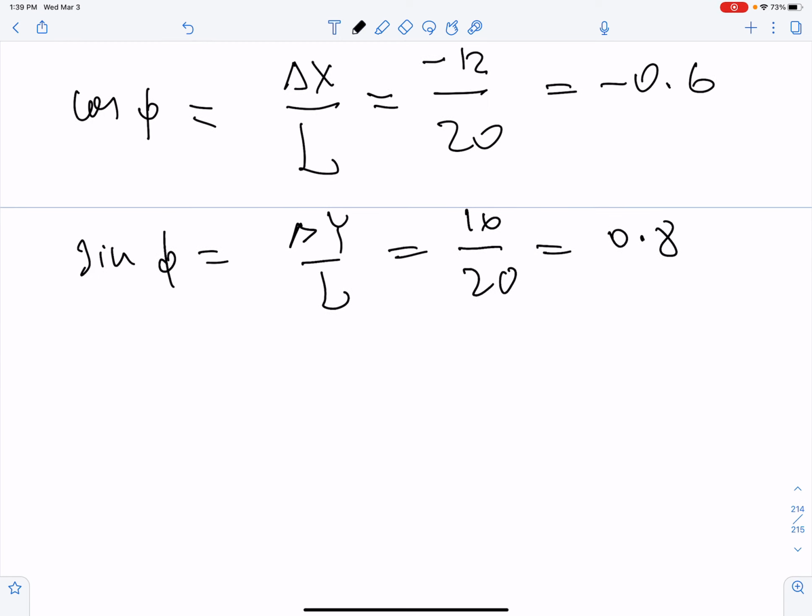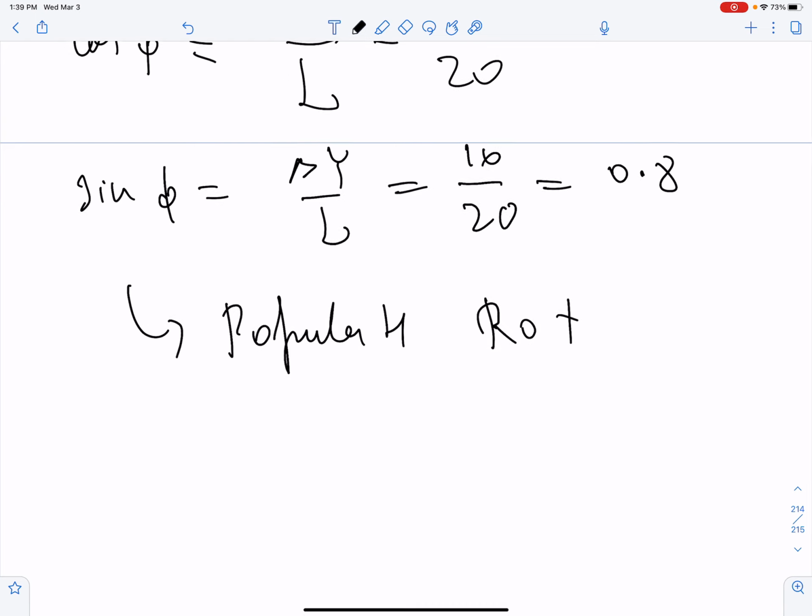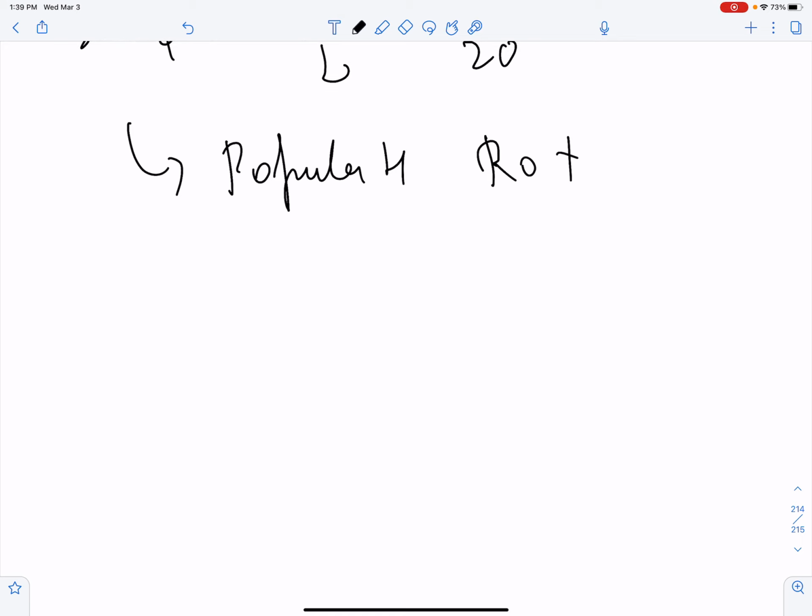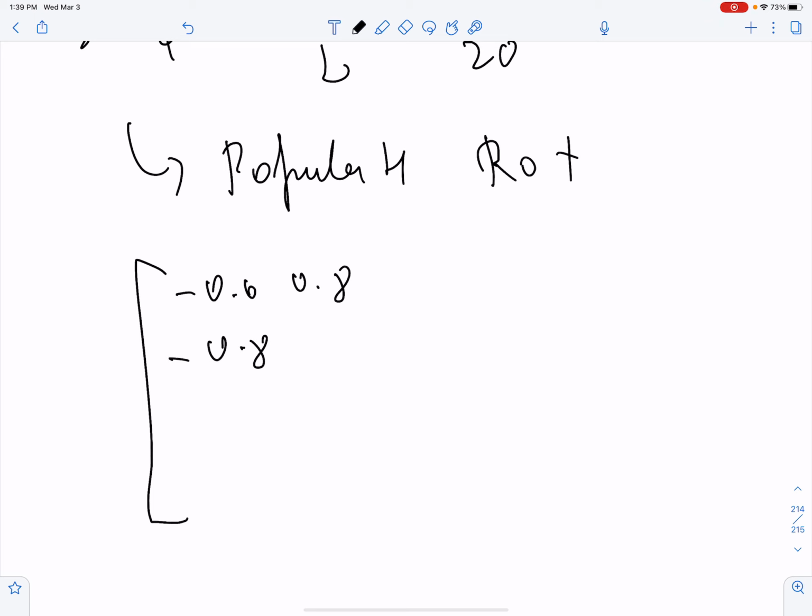Okay. So use this to populate the ROT matrix, okay, which looks like minus 0.6, right, 0.8, minus 0.8, minus 0.6, 0, 0, 0, 0, 0, 0, 0, 0, and then the 2 by 2 block repeats.